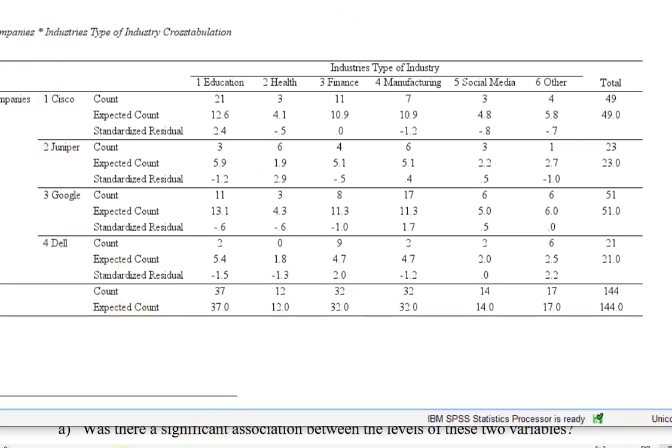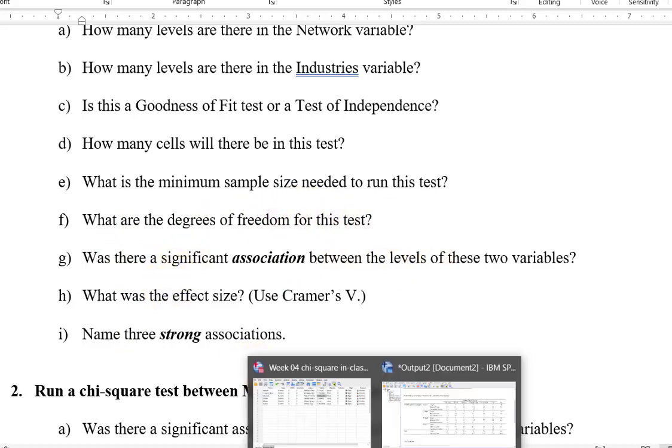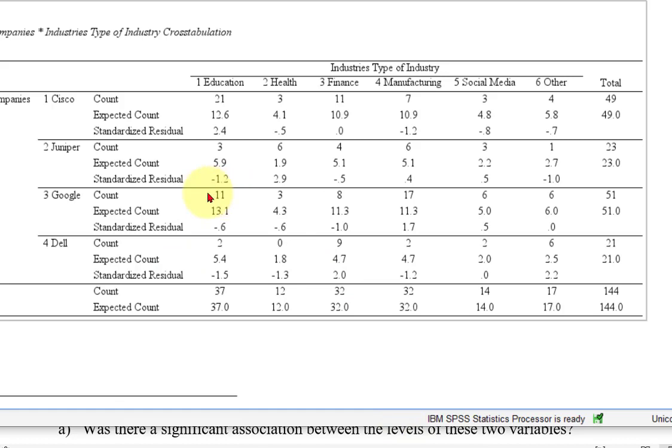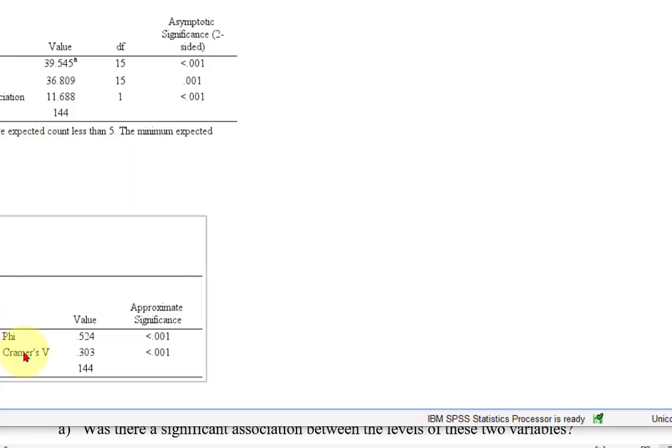So what's the next question? Okay, so there is a significant association. The effect size, and then name 3 strong associations. Okay, so number 1, it was significant. Effect size is going to be your Cramer's V in this one.